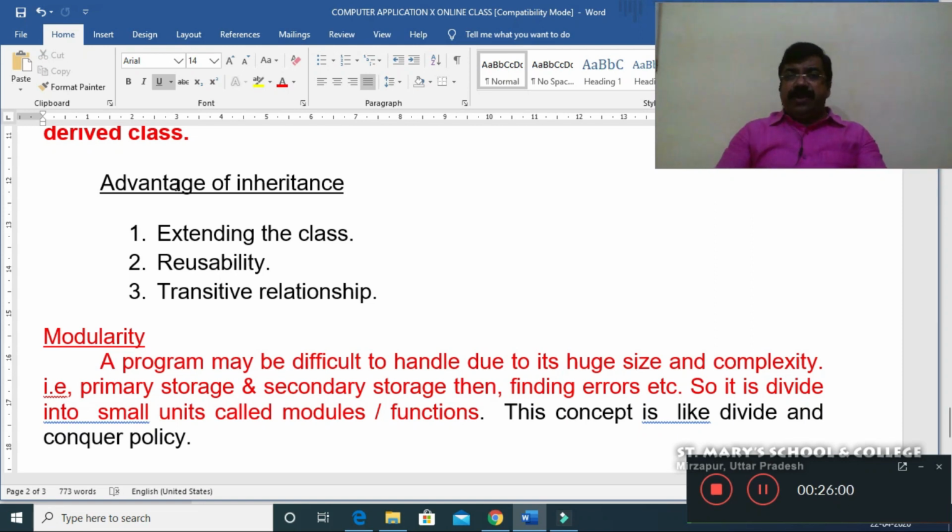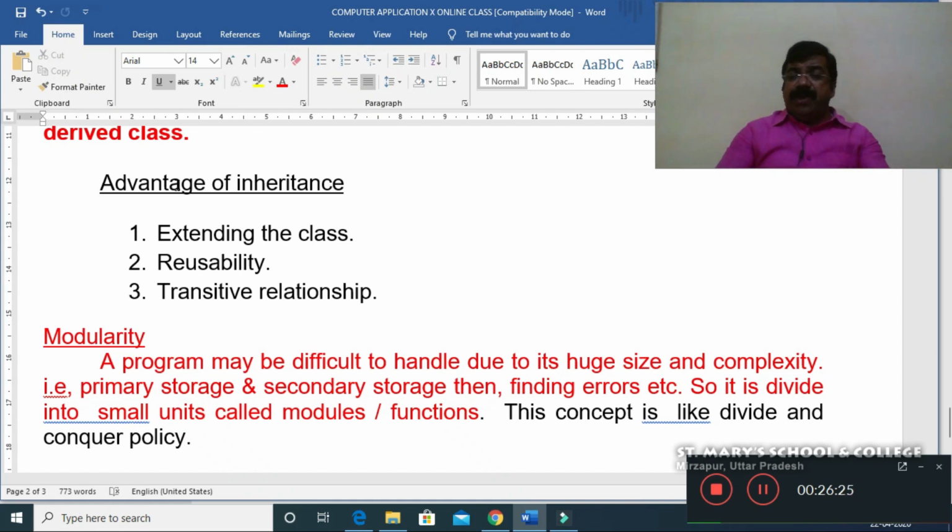It will collapse definitely. That means the second floor is indirectly supported by the ground floor. How? The ground floor supports the first floor, which supports the second floor. Such a relationship is the transitive relationship.